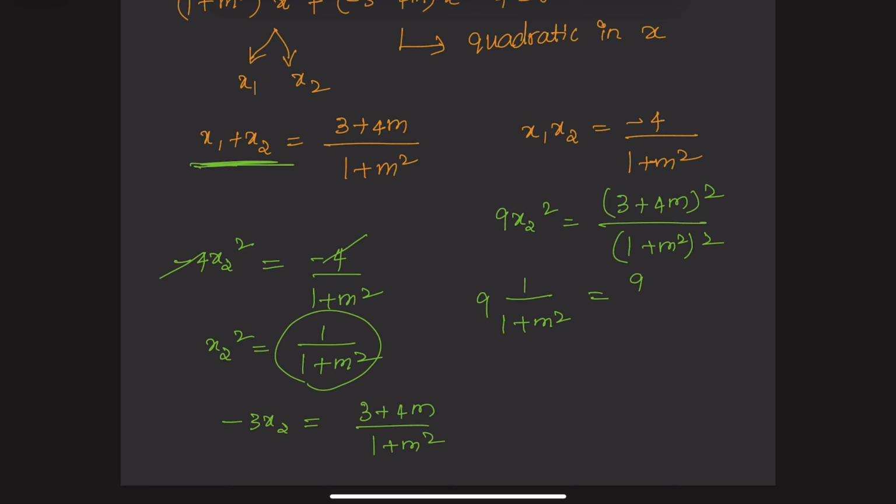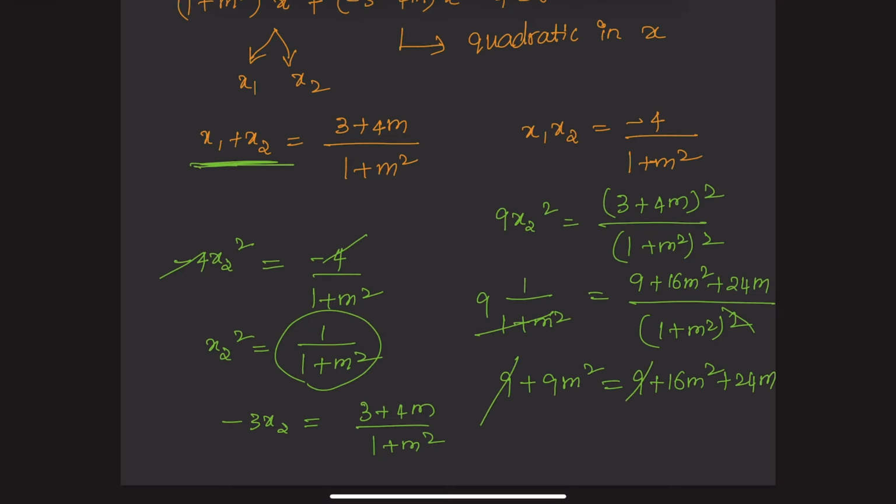So this is 9 plus 16m square plus 24m divided by 1 plus m square whole square. This term and the square term get cancelled. So this is simply 9 plus 9m square after cross multiplication. So this is 9 plus 16m square plus 24m. This 9 and this 9 will get cancelled.